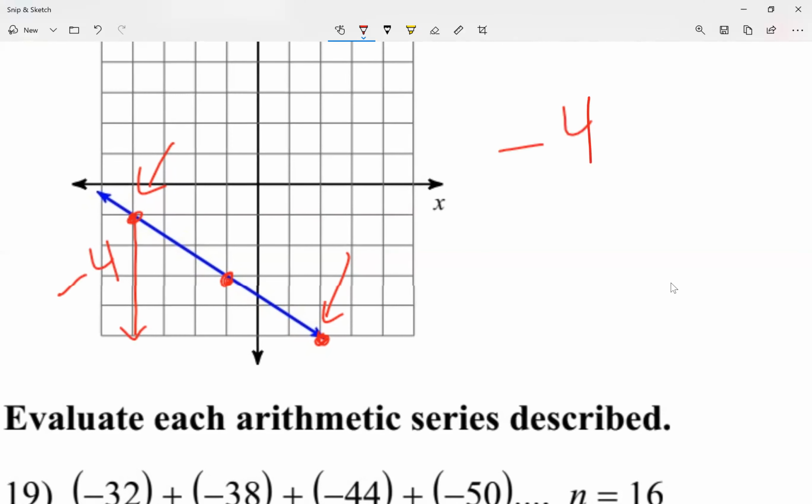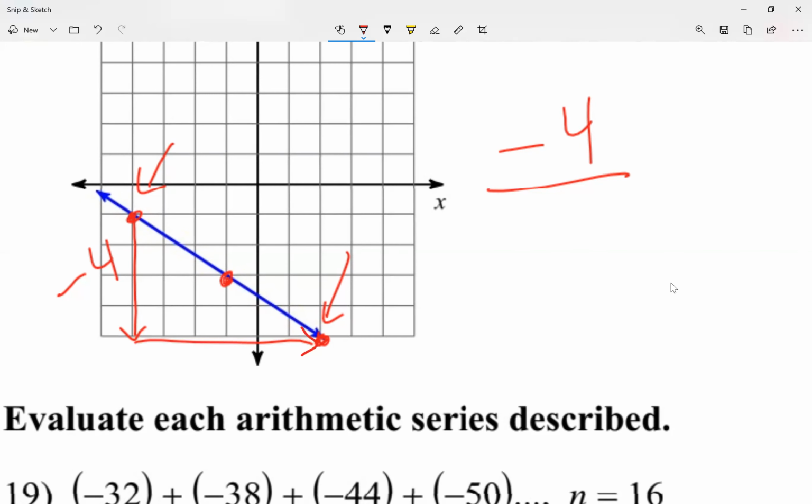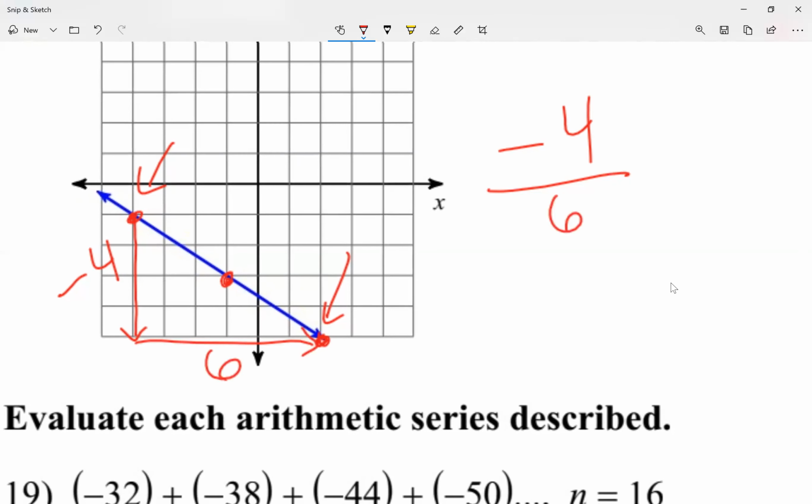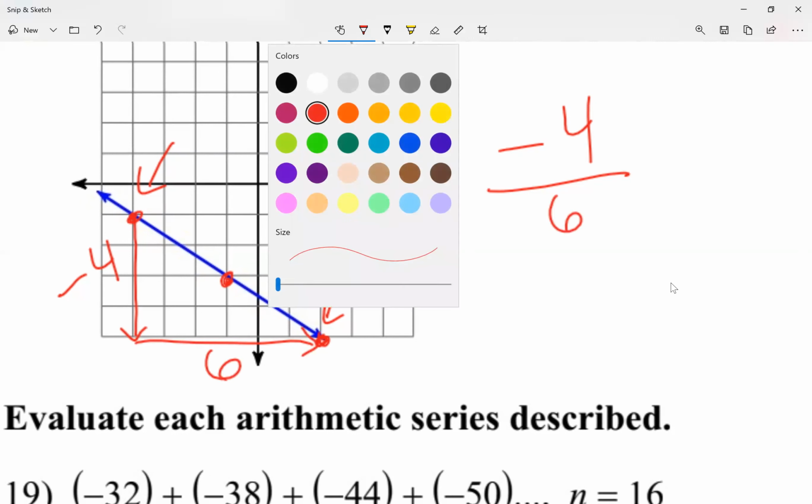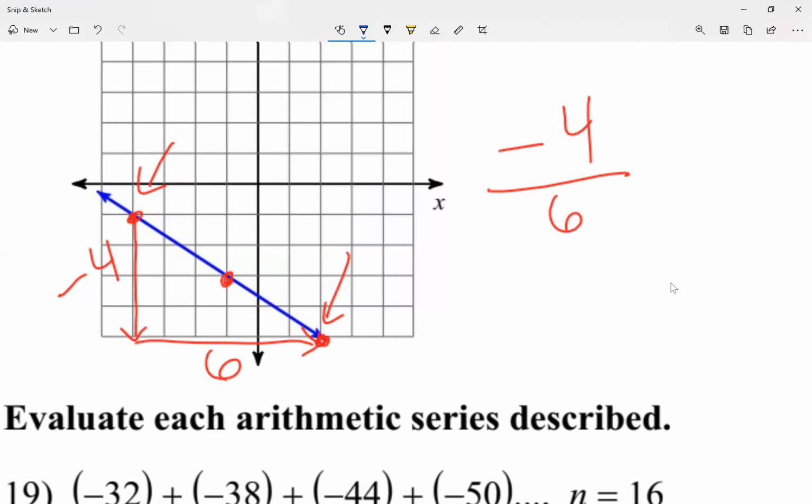First thing I write on my fraction here is -4. I'm going down 4. And then I go to the right. I count how many squares, and I happen to go 6 squares. So in reality, when my slope says go down 4 and 6 to the right, just as a reminder, my number on the top tells me up or down.